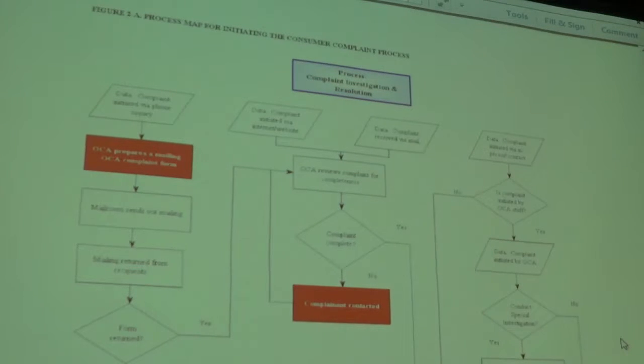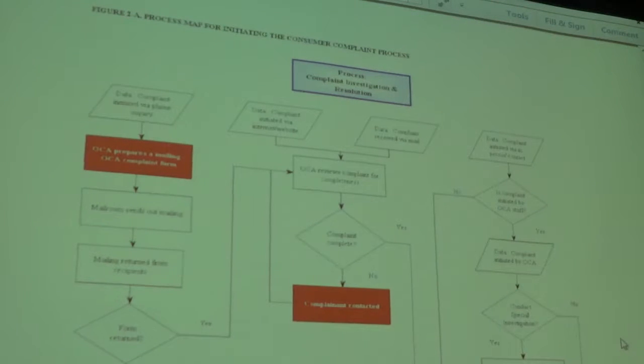One is that a consumer can complain via phone inquiry. That leads to a particular task and activity. A consumer complaint can also be initiated through the internet.